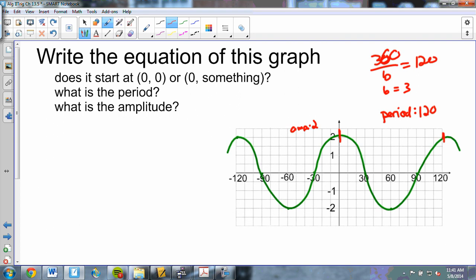And we know it's a cosine function because it's starting at the point 0, something. It's starting high, which means it's cosine. So this is going to be y equals 2 times the cosine of 3 theta, or you could say 2 times the cosine of 3x. These will get more complicated as we start moving it around, but that's a good place to start.